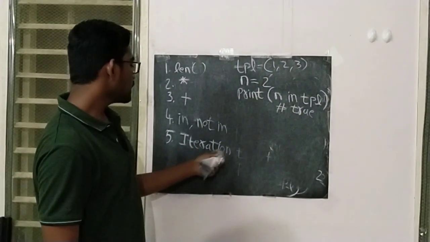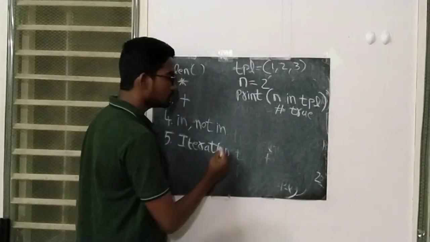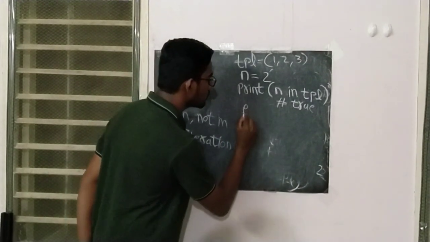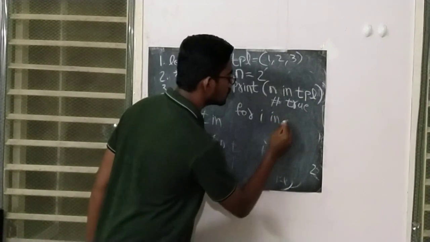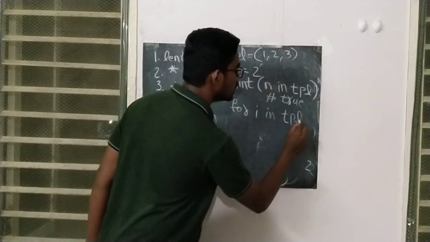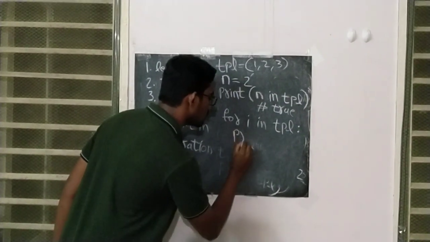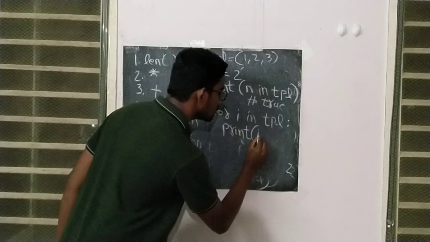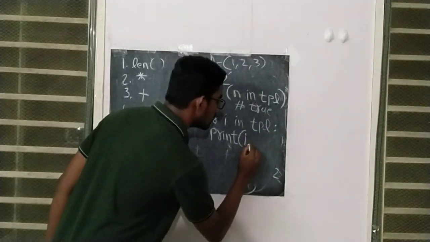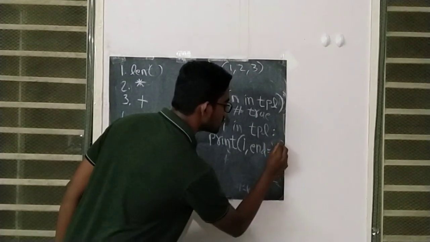Next, iteration. Since tuple is a sequence data type, it is used for looping purposes. For i in TPL colon, print i comma end is equal to space.